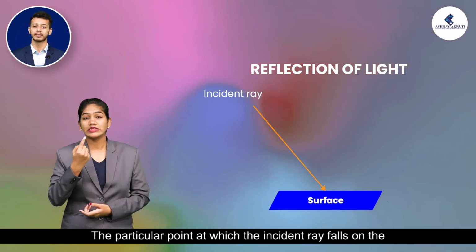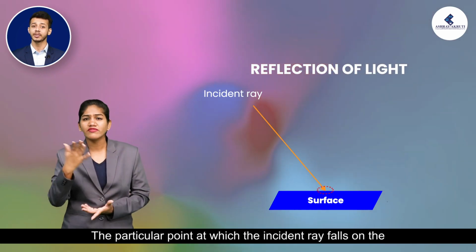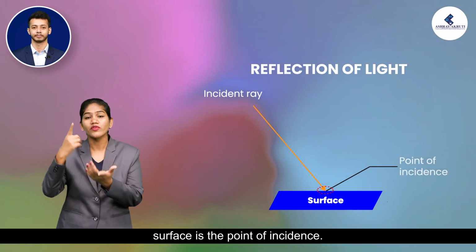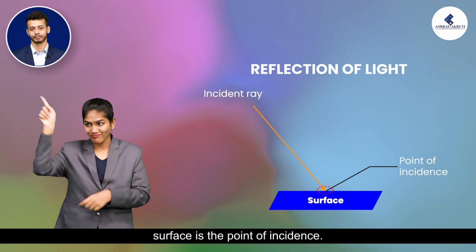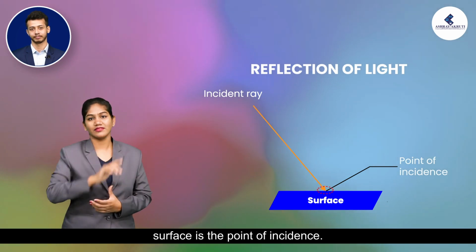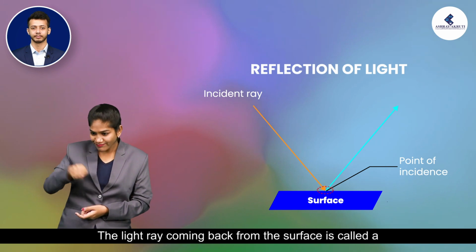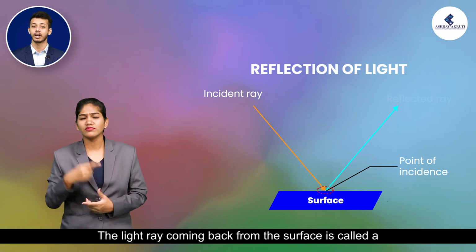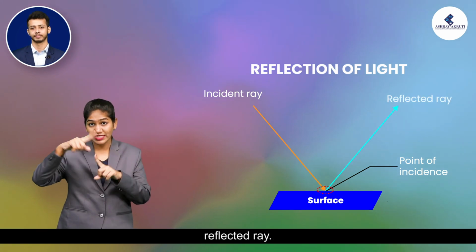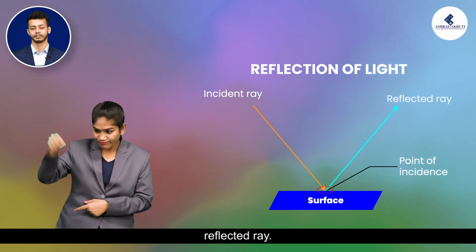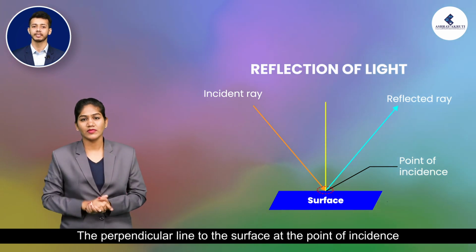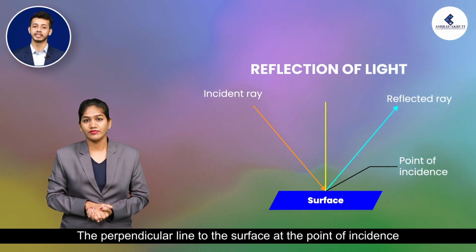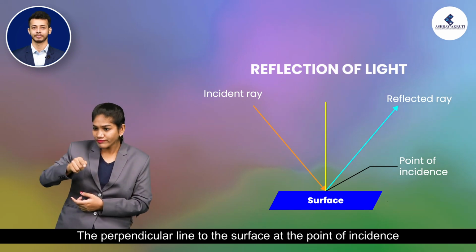The particular point at which the incident ray falls on the surface is the point of incidence. The light ray coming back from the surface is called a reflected ray. The perpendicular line to the surface at the point of incidence is called the normal.